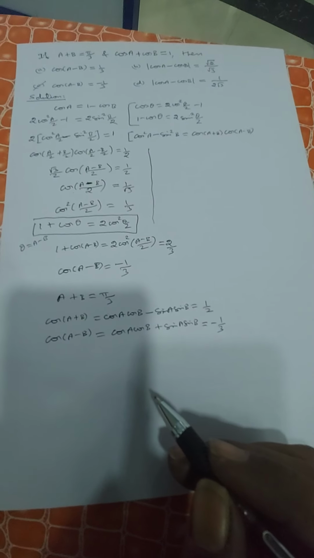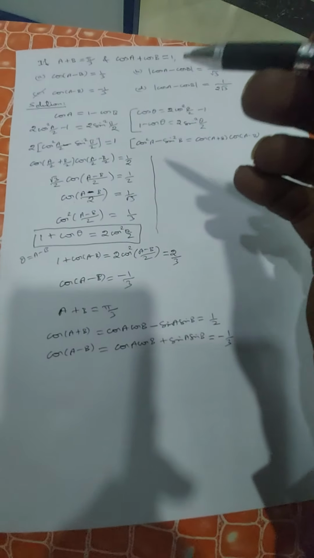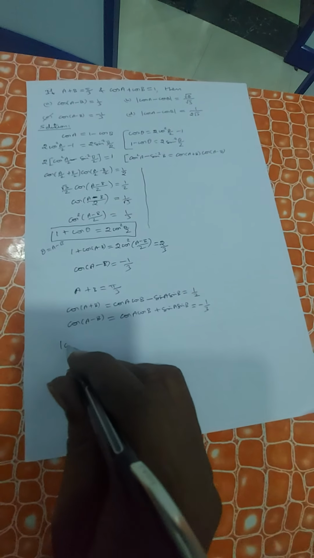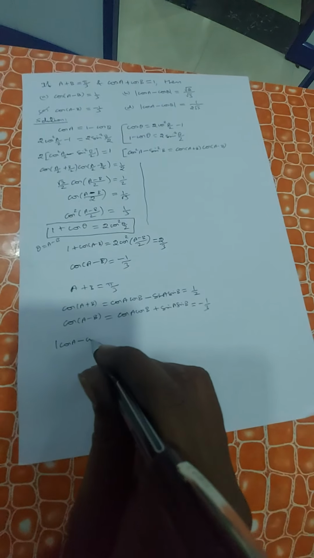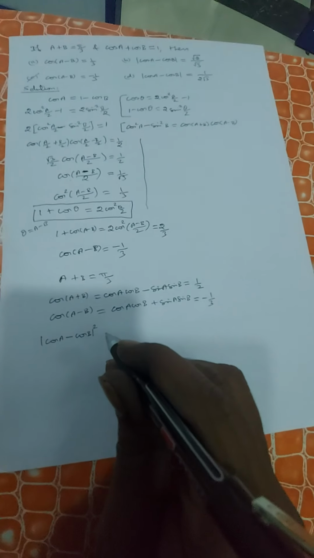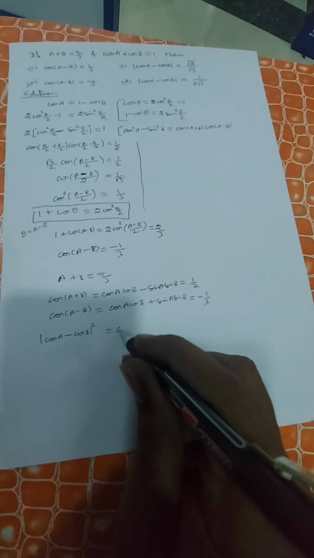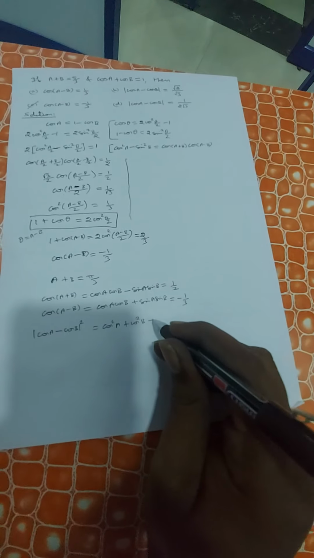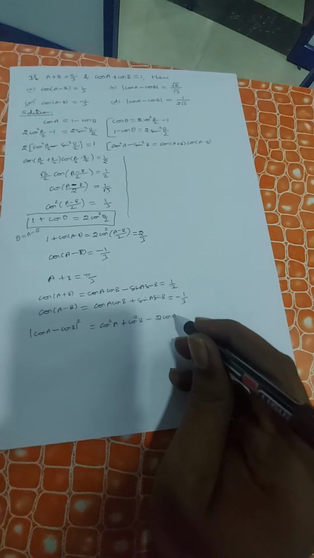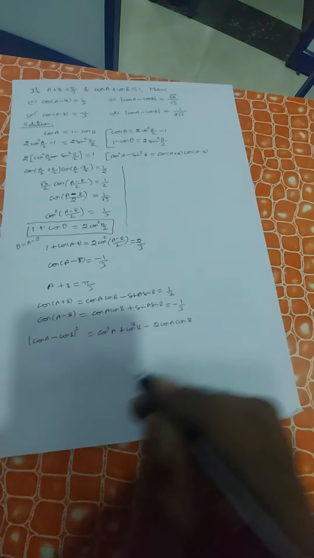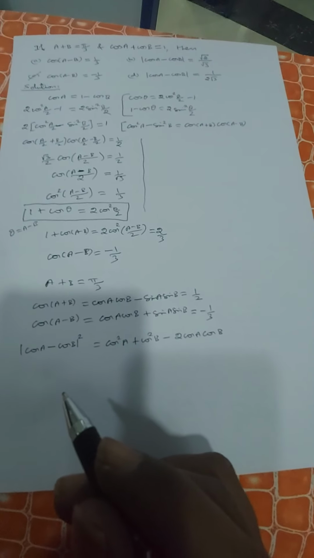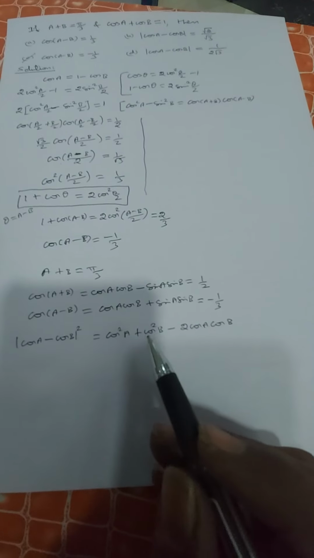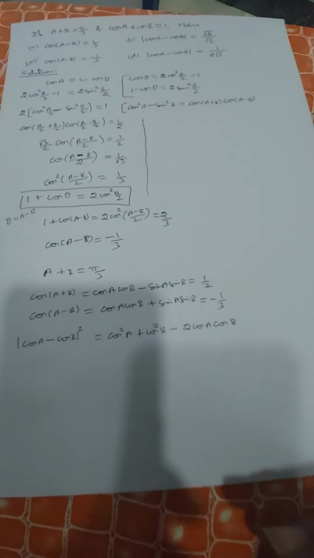Now I am going to verify options B and D. For modulus of cos A minus cos B, we can start from the square. Modulus of cos A minus cos B the whole square will be equal to cos square A plus cos square B minus 2 cos A cos B. Now this cos square A plus cos square B, the squares should be eliminated.